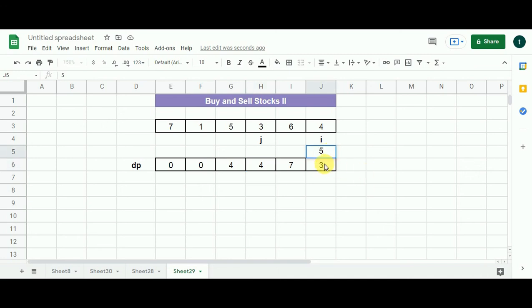Now 5 is better than 3, right? So 5 will replace 3 in this case. J moves one cell to the right and it represents 6 as the buying price. Now the selling price is less than the buying price again, so we can skip this iteration.